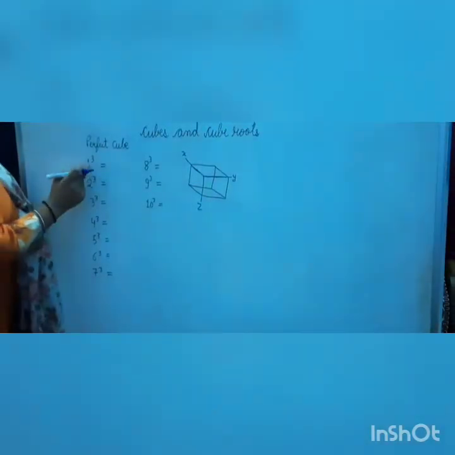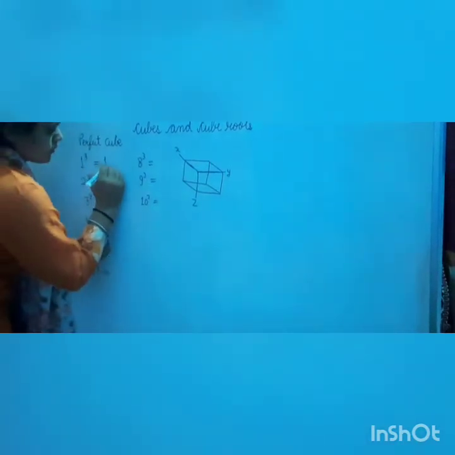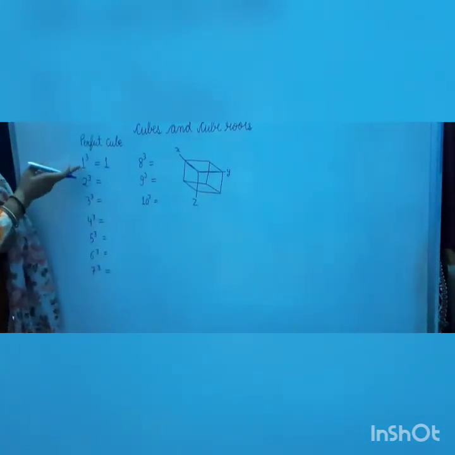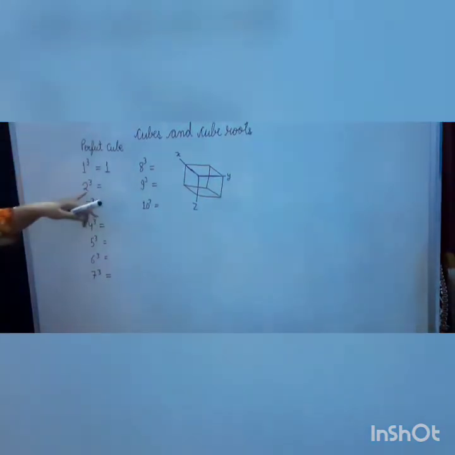As you know, 1 multiply 1 is equal to 1. What will be the perfect cube of 1 to the power 3? 1. Now 2 to the power 3.